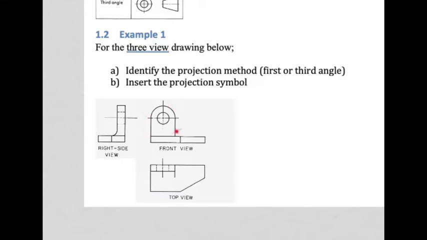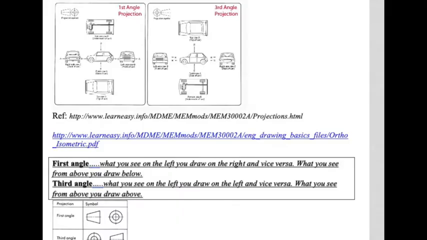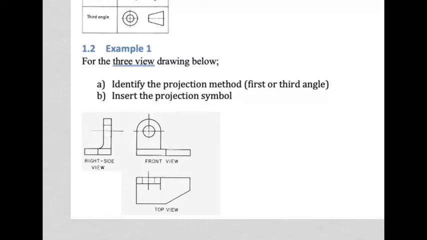So if this is the primary view, the main view, and you were to view it from the right hand side, you would see that. And because what I looked at from the right I drew on the left, it is which type of projection? Can you remember? It's that one, first angle. So far we think it's first angle.